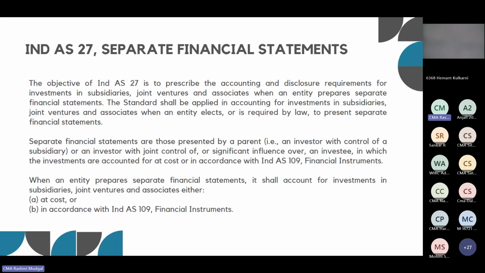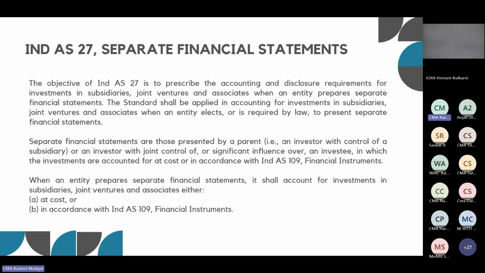Separate financial statements are those presented by the parent company, an investor that controls a subsidiary, or an investor with joint control or significant influence over the investee, in which the investments are accounted for at cost or in accordance with Ind AS 109, financial instruments also. When an entity prepares separate financial statements, it shall account for investments in subsidiaries, joint ventures and associates at cost.